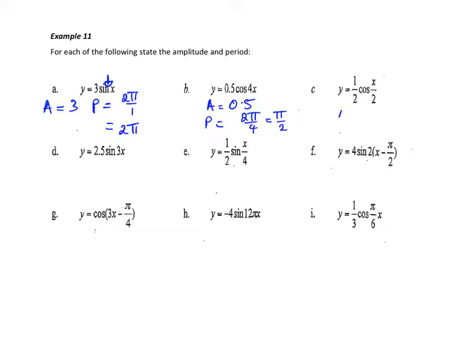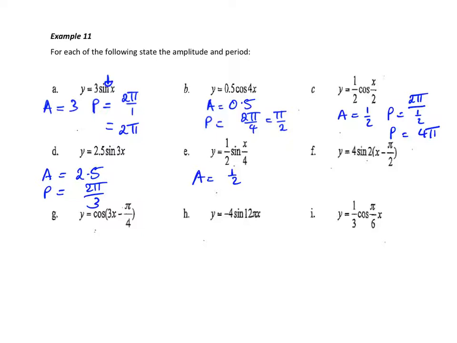Here, the amplitude is 1/2, and the period is 2 pi divided by 1/2, which becomes times by 2, which makes it 4 pi. Here, the amplitude is 2.5. The period is 2 pi on 3. Amplitude is 1/2.